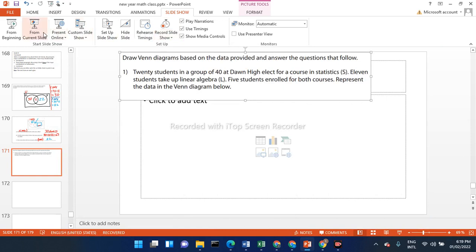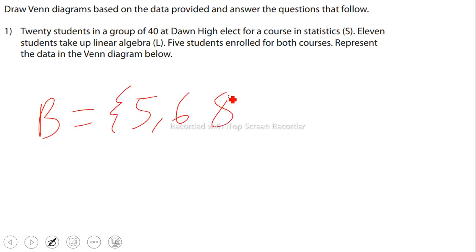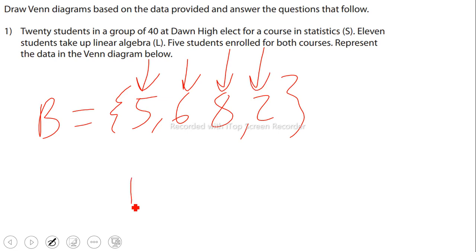You say cardinality is the universal set? No, I'm saying cardinality is the word that we use to tell us how much is in a set. For example, if I have a set B, and the set has 5, 6, 8, and 2, and I ask what is the cardinal number of the set, the cardinal number is 4, just basically the number of elements in B. It's just another way of saying that.